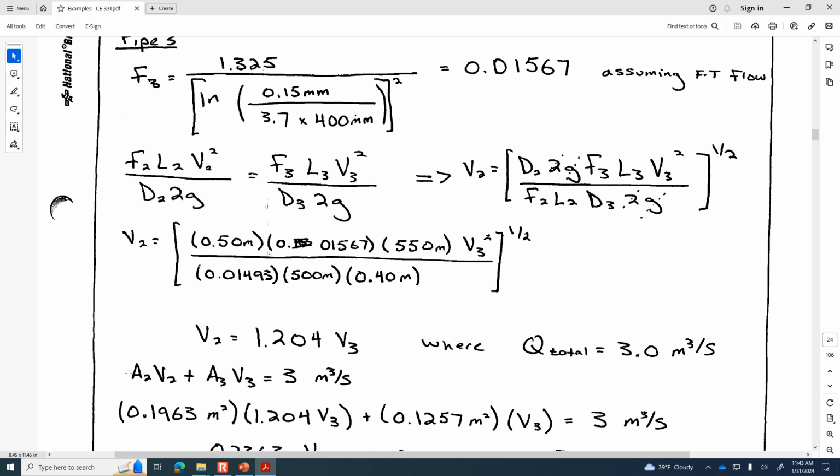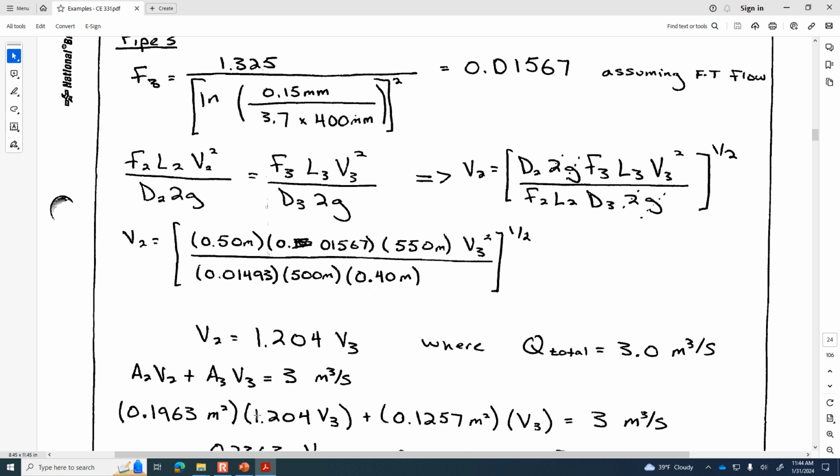All right, so substituting in the known A2, 0.1963 meters squared. And then for V2, instead of writing V2, I just put 1.204 V3, because that's what we found V2 is. I want to write it in terms of V3, because I'm going to leave the other one as V3. So then there would only be one unknown in this equation, and it'll allow me to solve for V3.